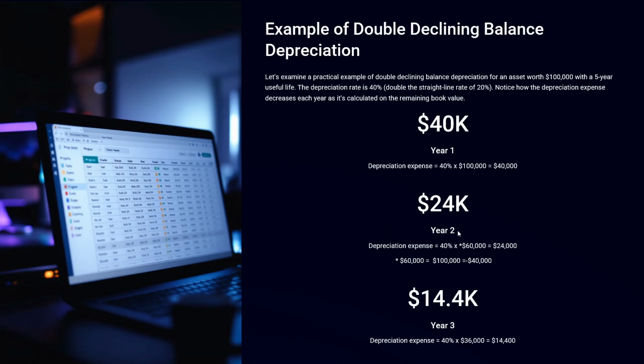The thing that will be changed is the depreciable amount. Here we get 60,000, which is the asset value minus the depreciation for the first year.